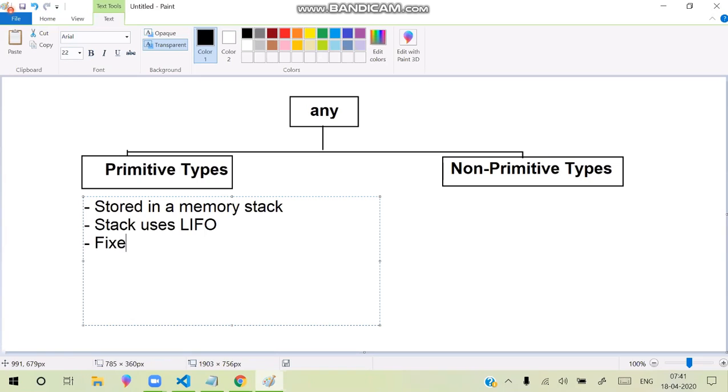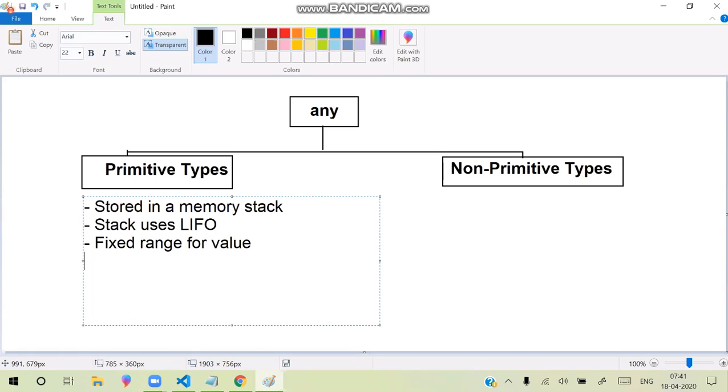And importantly, primitive types usually have a fixed range for value. That means it is not unlimited.